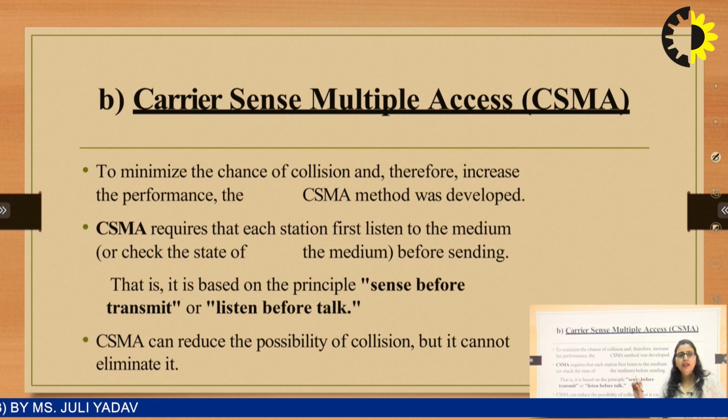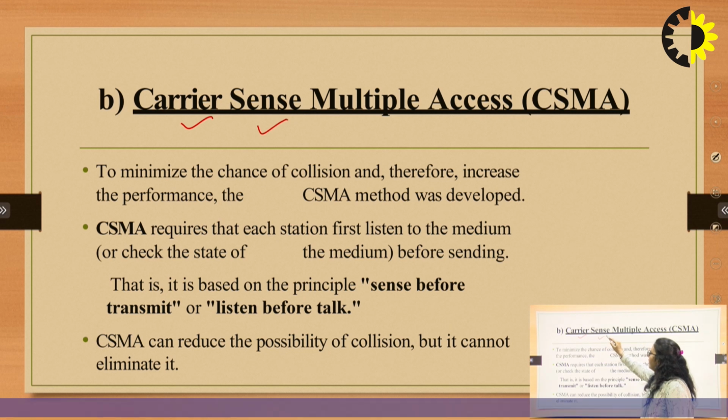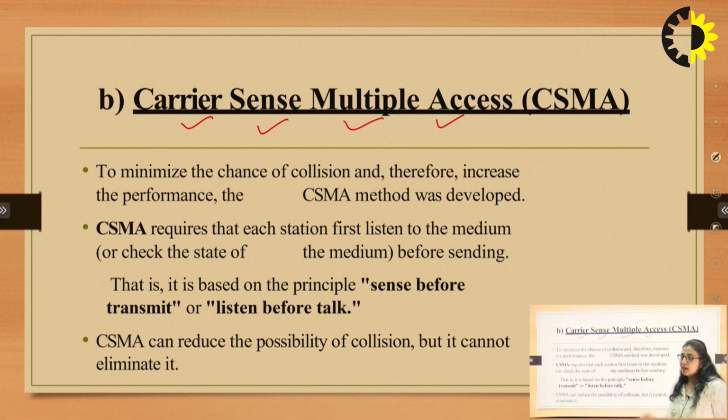As the word itself says, carrier sense multiple access means if any station wants to send data, it needs to sense whether there is any data traveling on the channel or not. How can it be sensed?